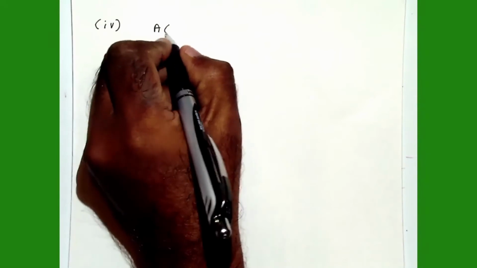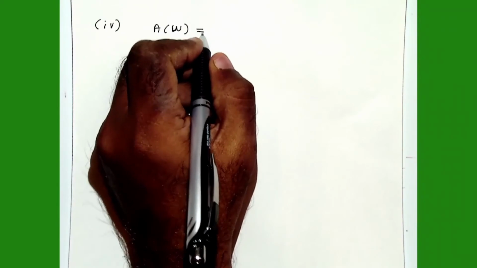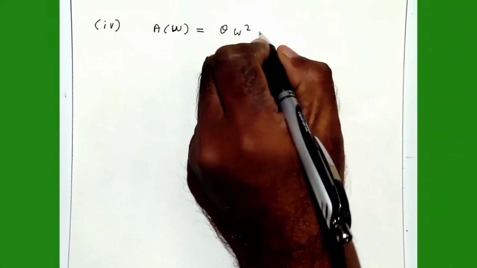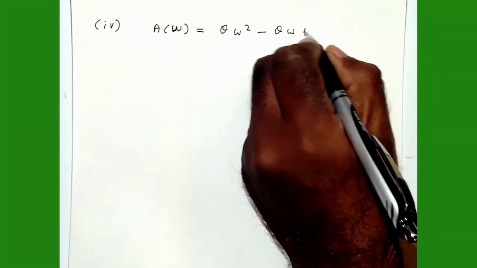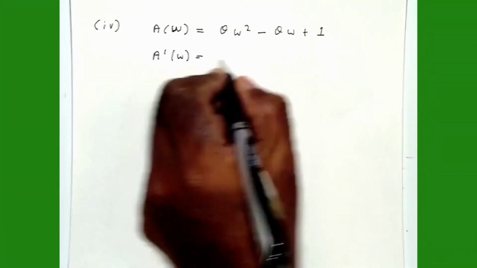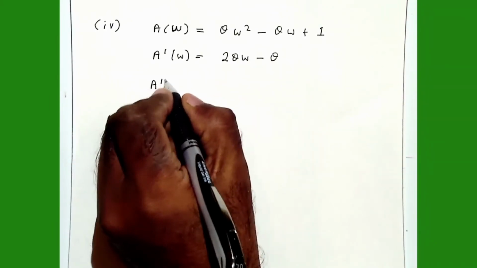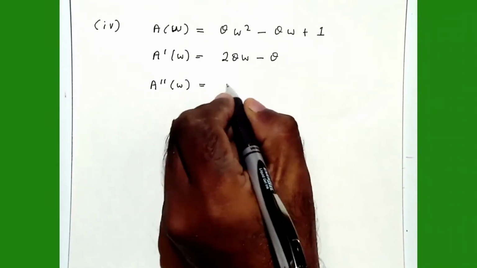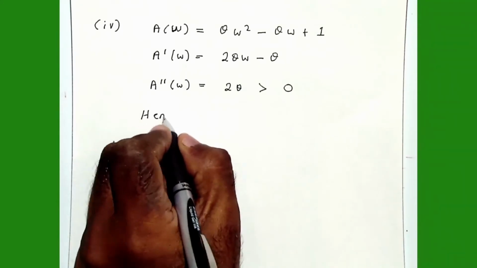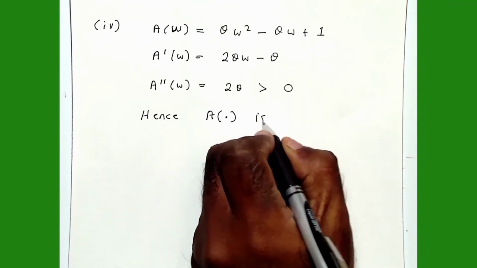Now we know that A of w is theta w squared minus theta w plus 1, right? So the first order derivative is 2 theta w minus theta, and the second order derivative is 2 theta, which is positive. So hence the function A is convex.